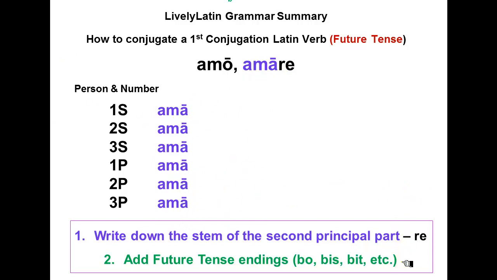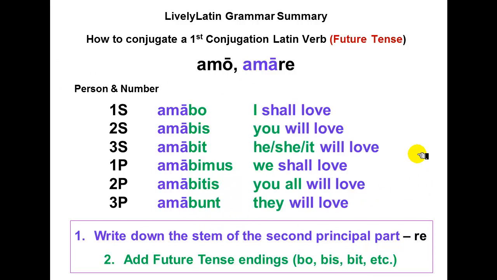Then we're going to add the future tense endings, and those are always bo, bis, bit, bimus, bitis, and bunt. I shall love, you will love, he, she, it will love, we shall love, you all will love, and they will love. Amabo, amabis, amabit, amabimus, amabitis, amabunt.